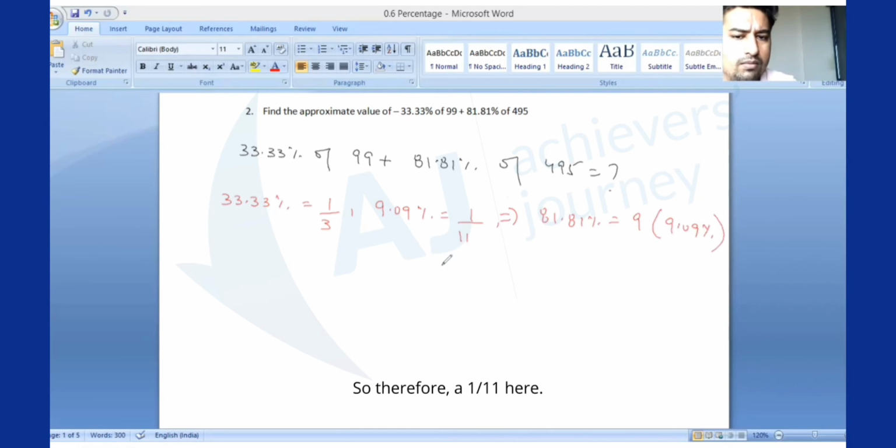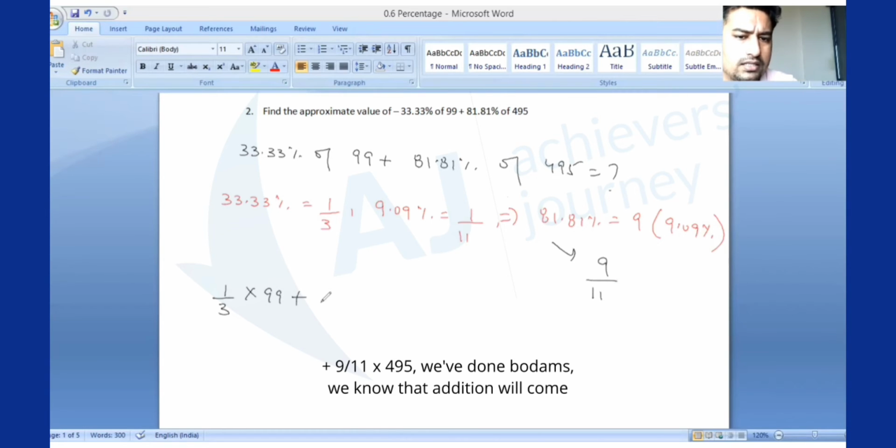So this value will actually be 9 by 11. Now it's easy, right? So what we are calculating is 1 by 3 into 99 plus 9 by 11 into 495.